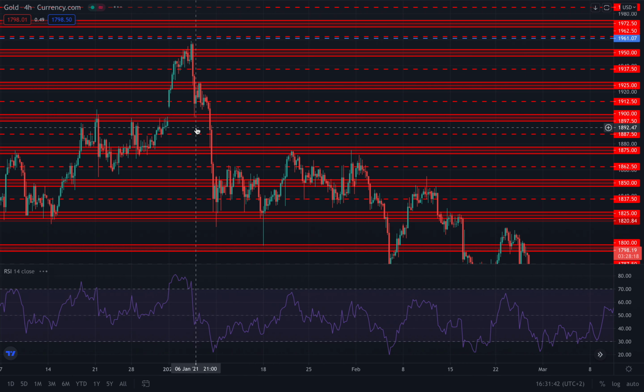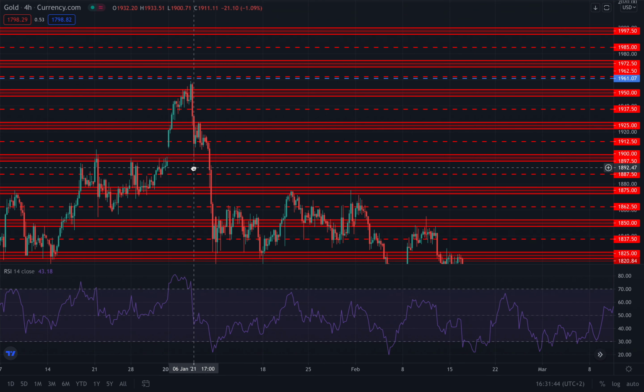Okay, I think we can spot another divergence there. As you can see, the market created a level there.